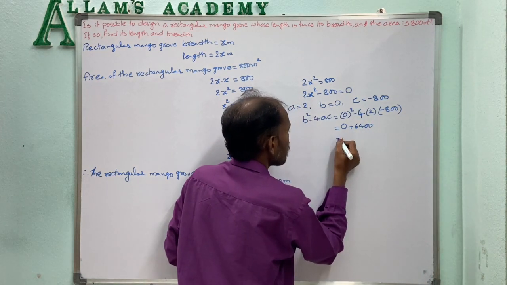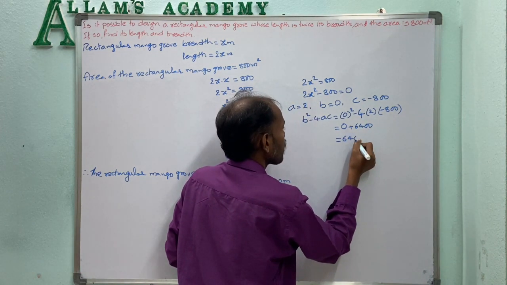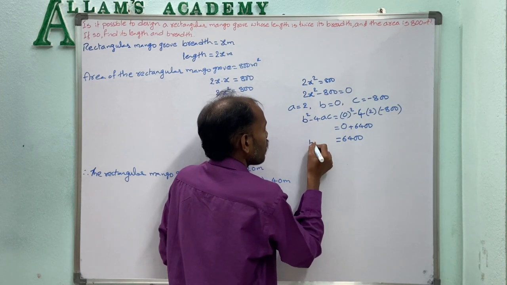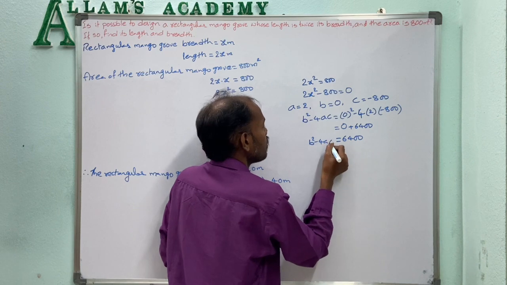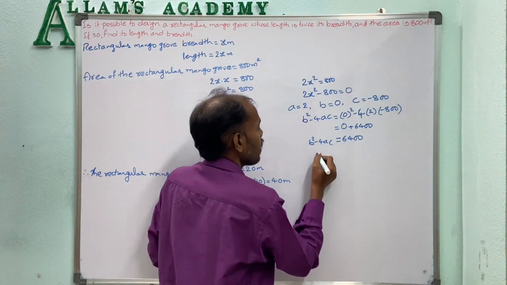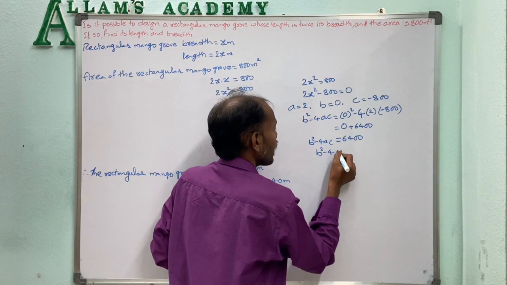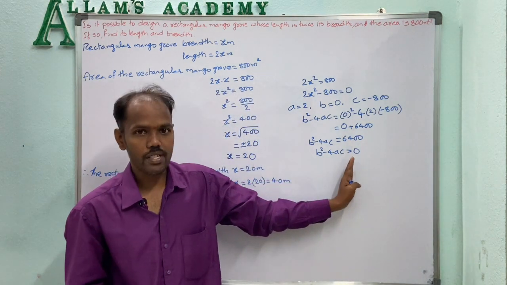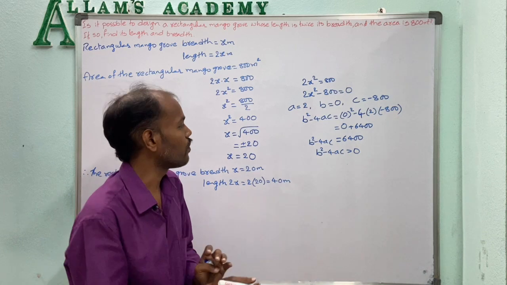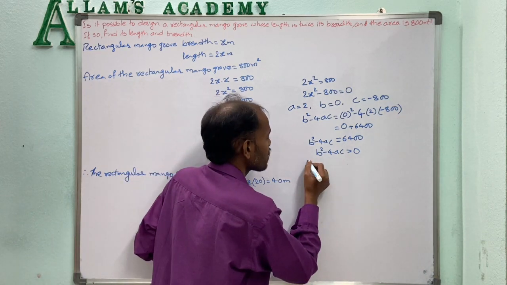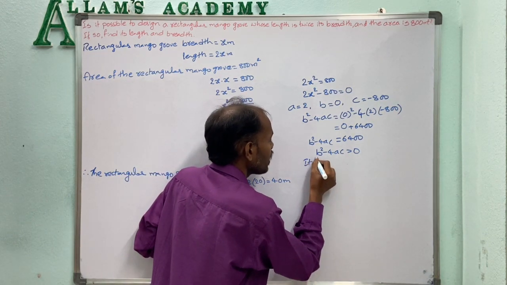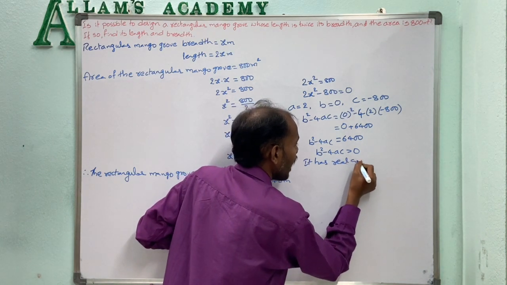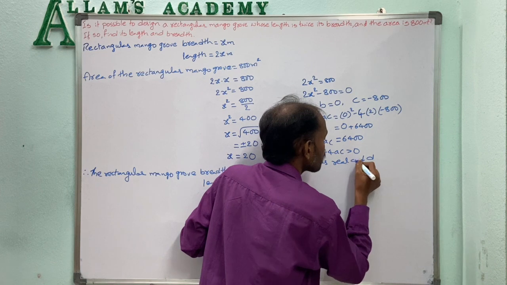So b square minus 4ac equal to 6400. So b square minus 4ac is greater than 0, so it has roots. The roots are real and distinct.